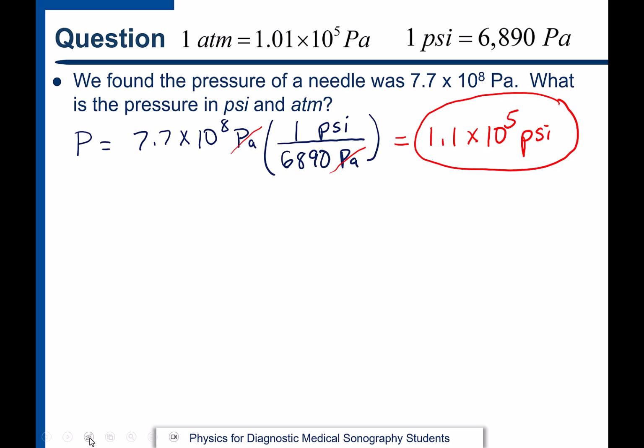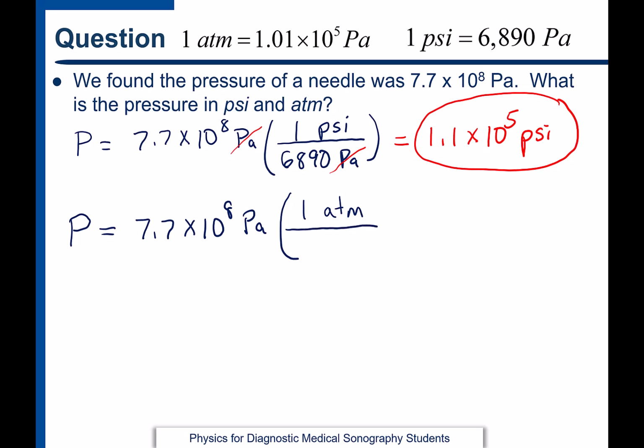Let's also convert it now into atmospheres. So the pressure again was 7.7 times 10 to the 8th pascal. And now the conversion factor we have to use is that 1 atm, 1 atmosphere, is equal to 1.01 times 10 to the 5th pascal.